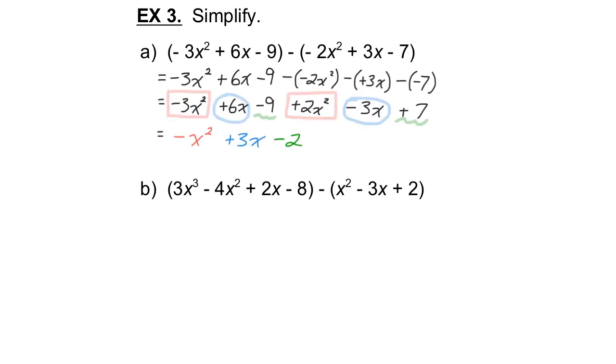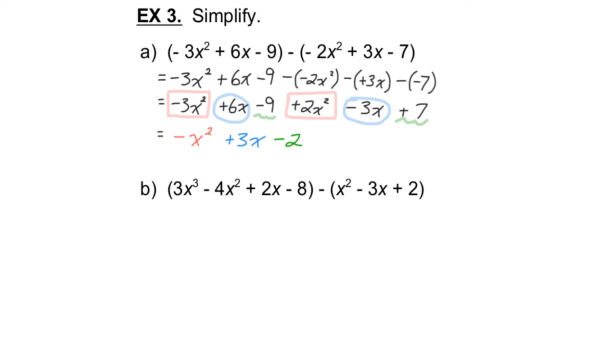Here's my solution. Got minus negative 2x squared, that's just plus 2x squared, minus positive 3x, that's just minus 3x, minus negative 7 is just plus 7. Find my like terms and add them together. So negative 3x squared plus 2x squared is negative 1x squared. Now you can write negative 1x squared, but you don't have to write the 1.